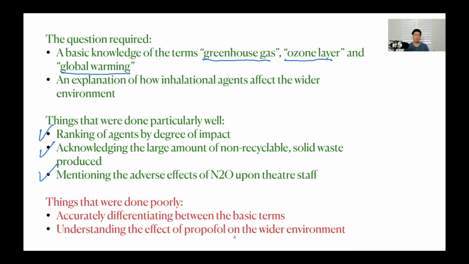So those 3 points, I think we can include quite easily in our answer, but we do need to make sure that we expand on those concepts as well, making sure that we include all those key terms that the examiner wants. So greenhouse gas, ozone layer, global warming, and really expand on those concepts, which can actually go in quite a bit of detail as I'll go through.